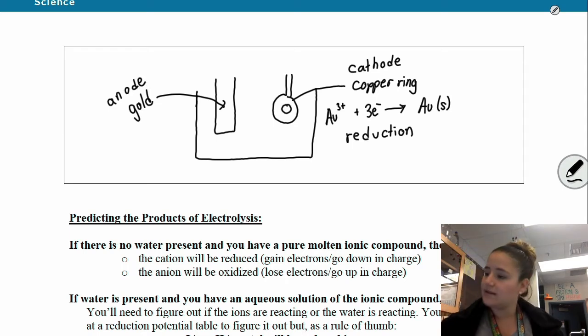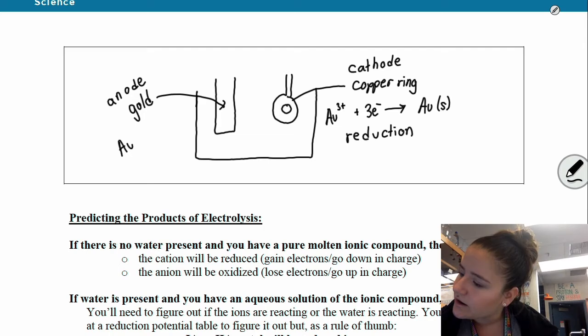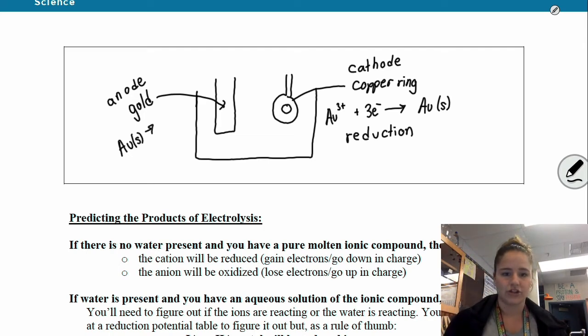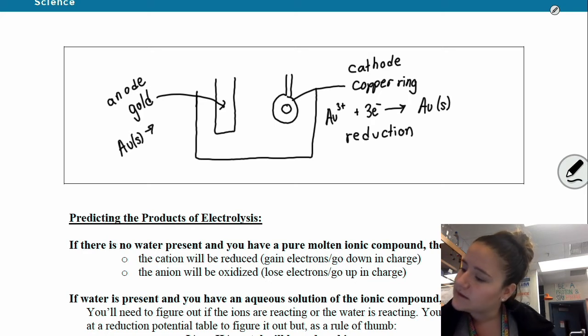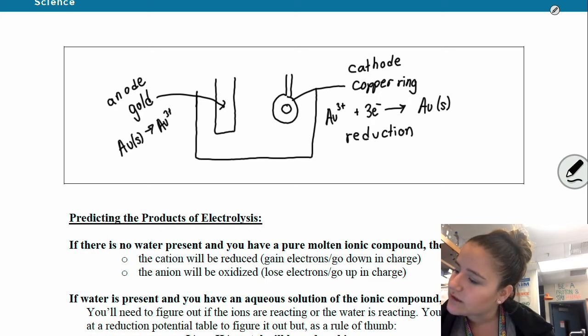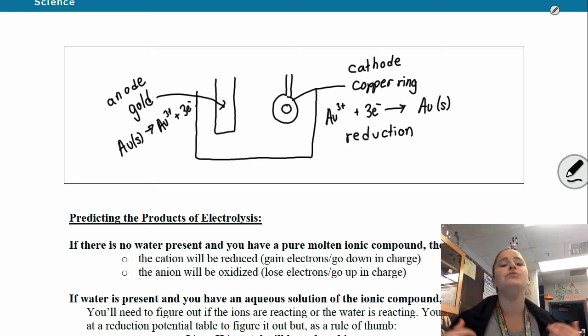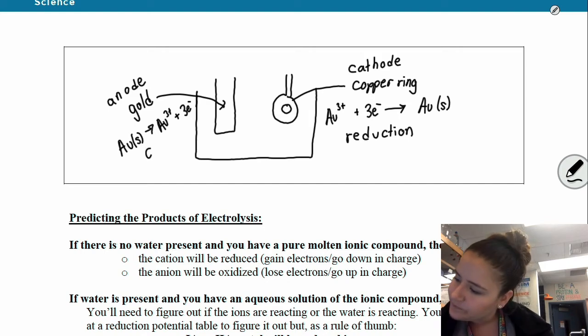And an anode is where our oxidation occurs. So that's the opposite of the reduction reaction. The solid gold is being oxidized into the gold ions and the electrons. It is losing electrons. Oxidation is loss of electrons.